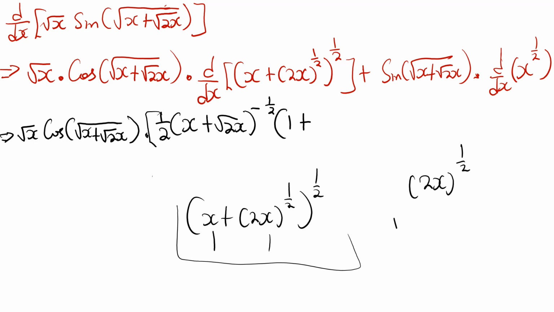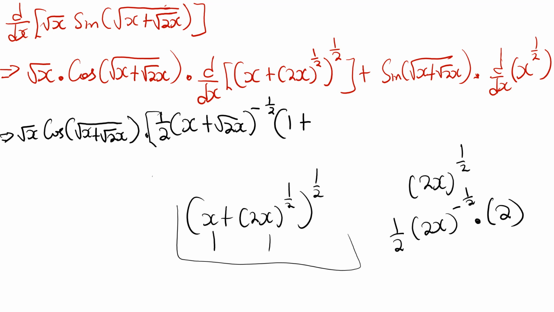We can keep 1 over 2 here, and then we keep what we have inside the way it is. So we subtract 1 from 1 over 2, then this is negative half, and then we multiply with the derivative of what is inside, and inside we have 2x. So the derivative of 2x is 2, right?